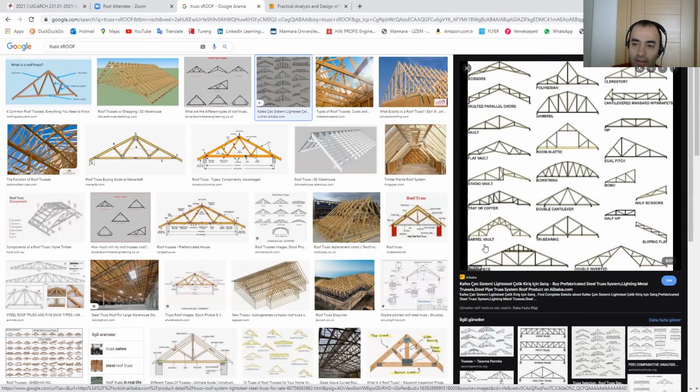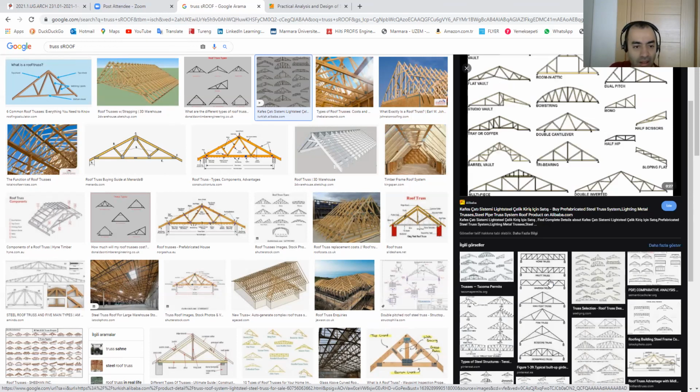You are architects. So at the end of the day, if you would like to design anything else, a roof system, a sculpture, I don't know, a bridge, all these are possible. You can change these systems, but these are general examples used in professional life.